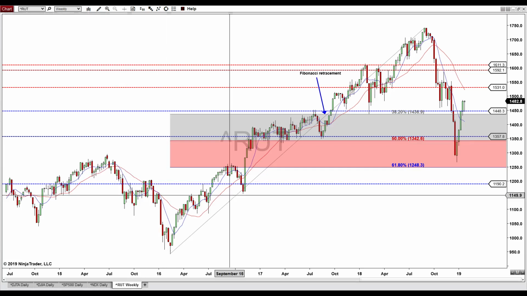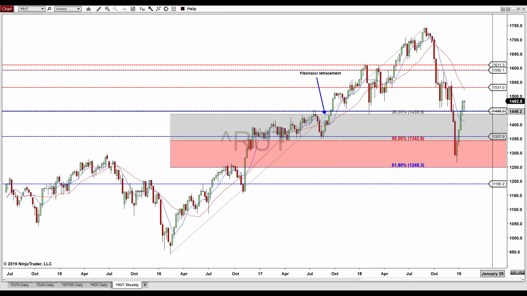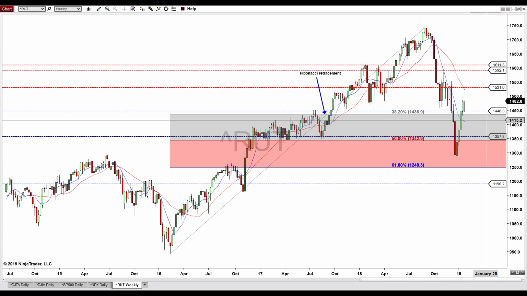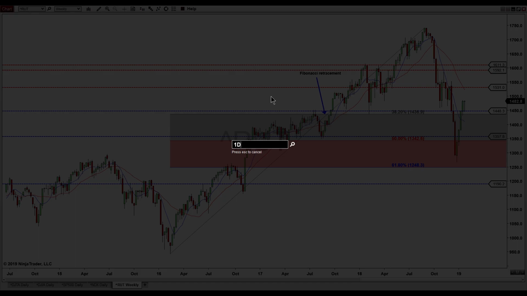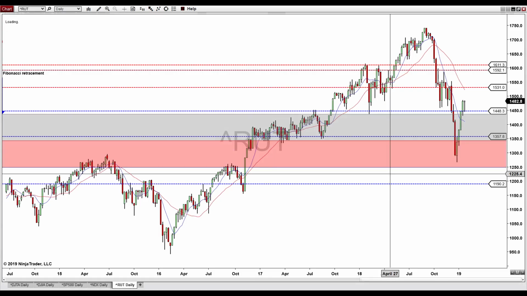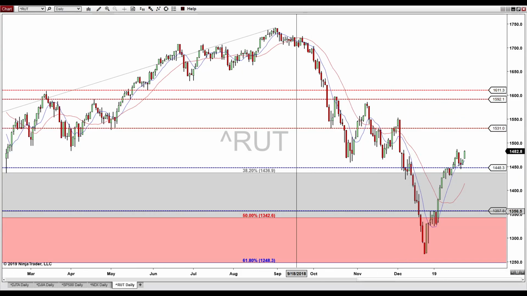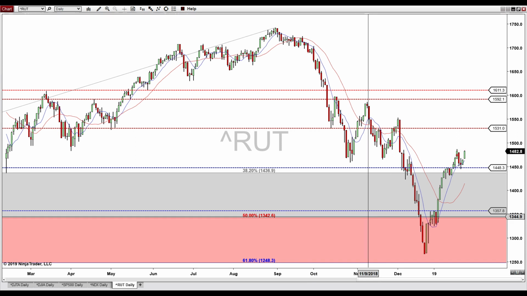It is holding support above the 38.2 and above this 1448.30. And if we take a look at the daily chart, you can see that it is making a little bit of a move up toward the 1531. All right, so that's what I'm looking at.